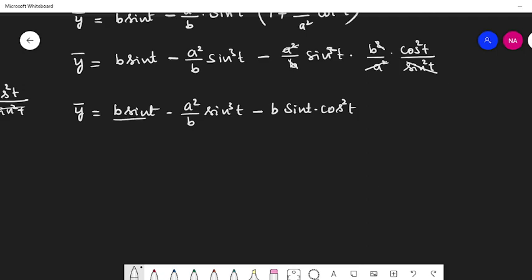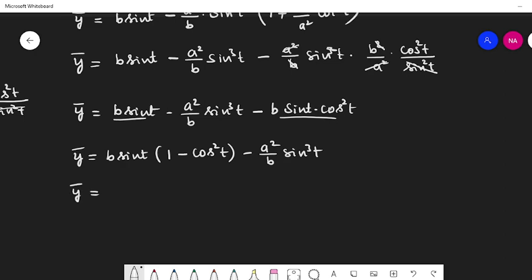Now here I have b and here also I have just b. Looking at these two, I can take b sin t outside. So y bar equal to b sin t times 1 minus cos square t minus a square by b sin cube t. So y bar equal to b sin t into sin square t, it will be b sin cube t minus a square by b sin cube t.